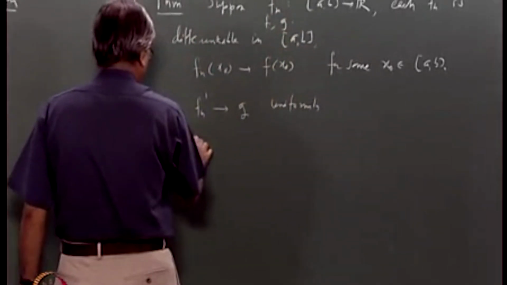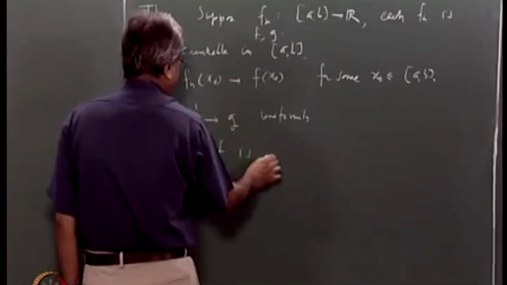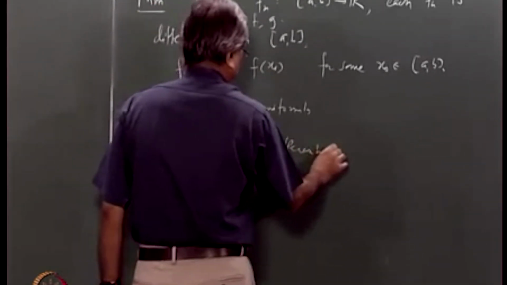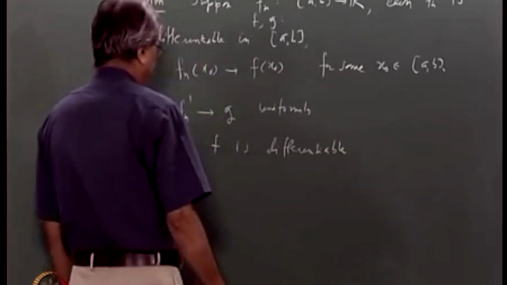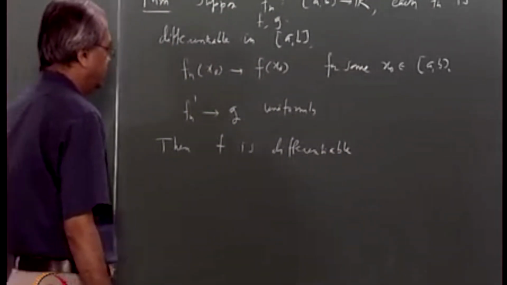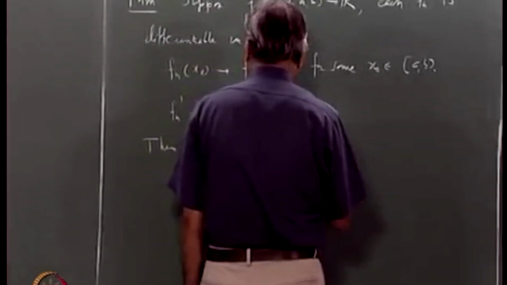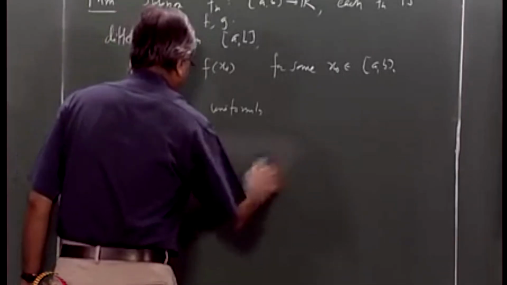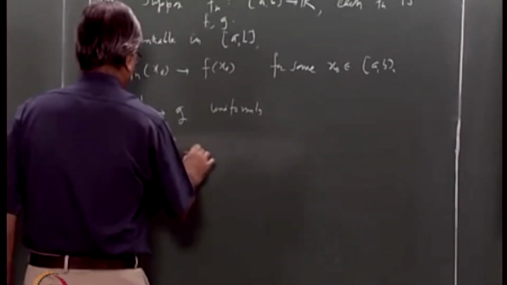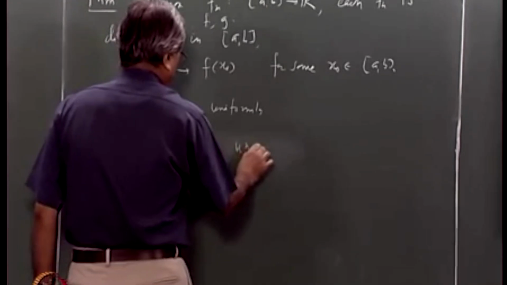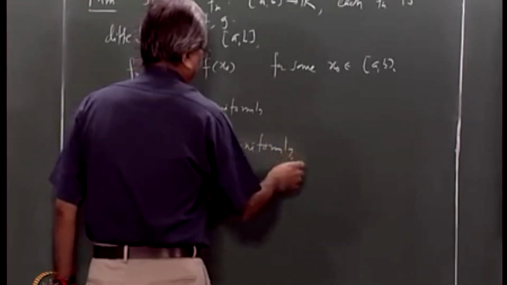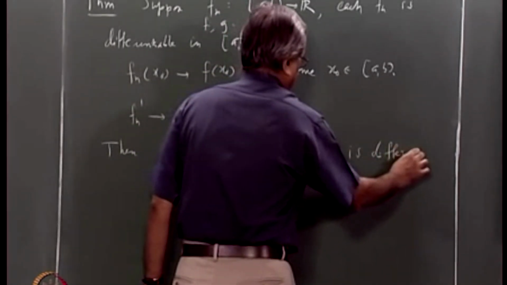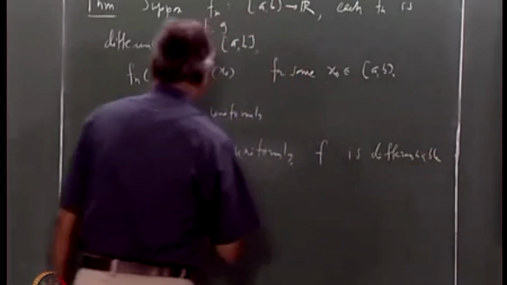Then fn converges to f uniformly, f is differentiable, and f prime is equal to g.